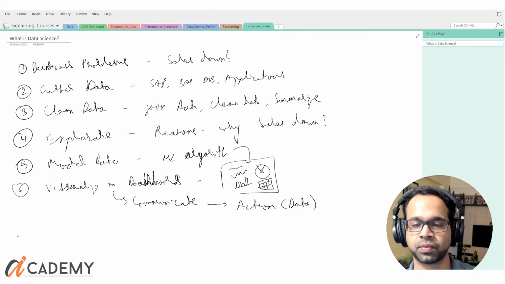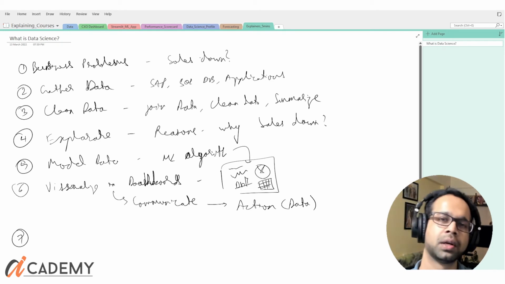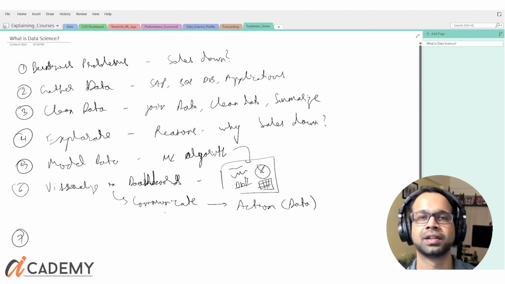And the seventh step, once this entire process is set up and the business is getting value out of not only just looking at sales, whether it's gone up or down, but various other information to help them take different critical decisions, once they have this idea, this entire process is set up for them.